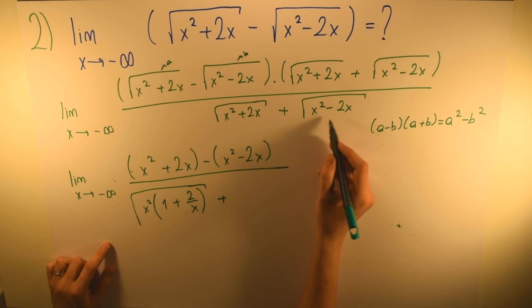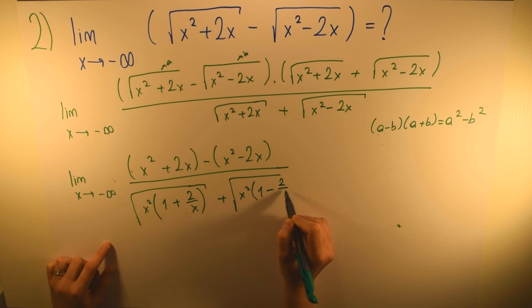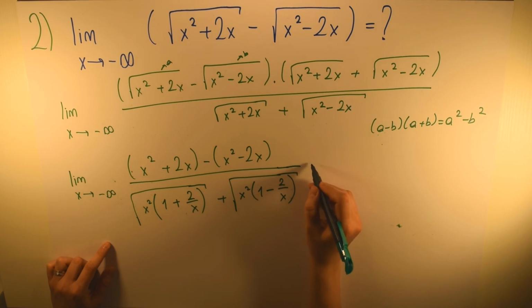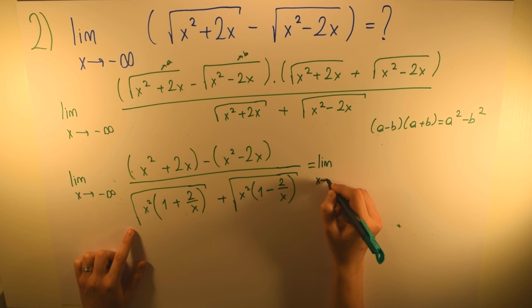Plus, the same thing we apply here: x squared in the parentheses, 1 minus 2 over x. Now here, limit as x approaches infinity.